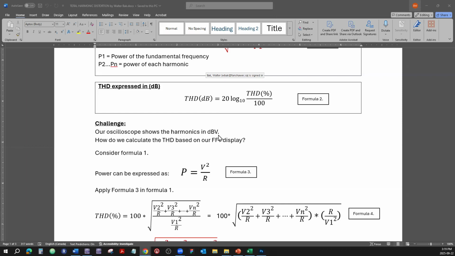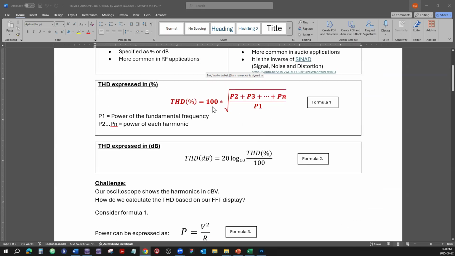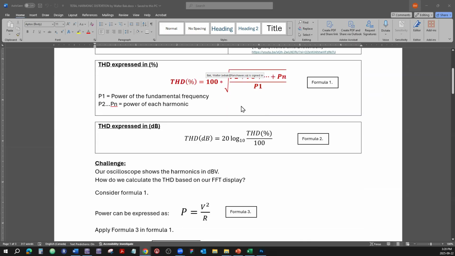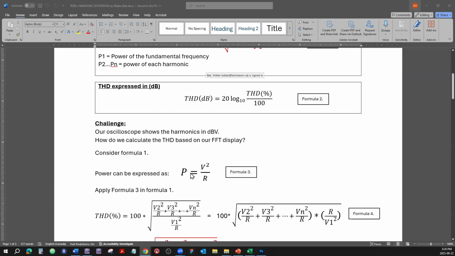All right, so I wrote here, consider Formula 1, which is this one right here. We know that power equals V squared divided by the resistance, or in our case could be impedance. Doesn't matter. I mean, it does, but it doesn't in our case. And I'll tell you why as we go along.